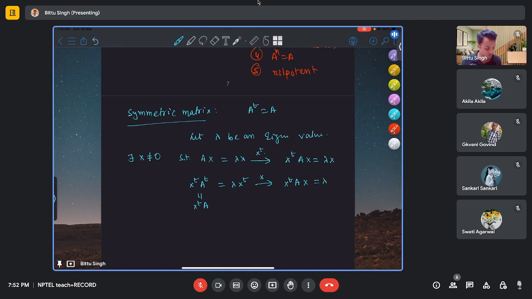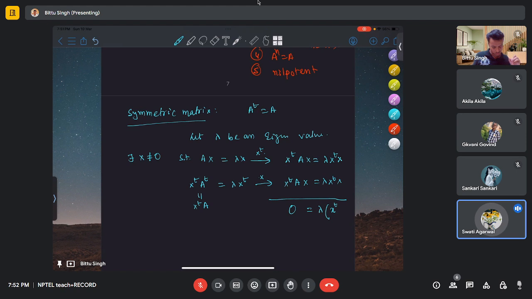This is actually lambda times, sorry, we have not multiplied x transpose on the right-hand side, so here also this is actually lambda times x transpose x. Now if we subtract those two things, then we will get 0, and here it is lambda times x transpose x.